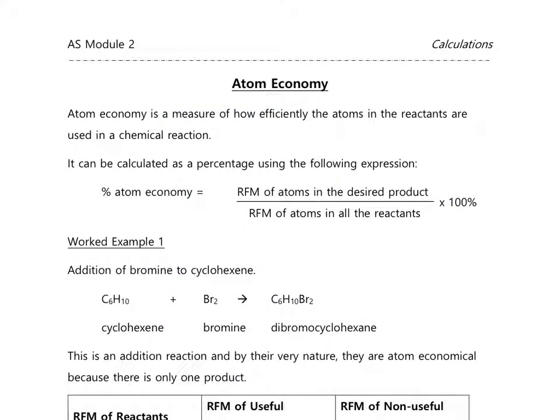So what we've just finished looking at in terms of percentage yield is how efficient the reaction is in converting reactants into products. But what it doesn't take into account is any waste products. Quite often in a reaction we have products which we don't really need.